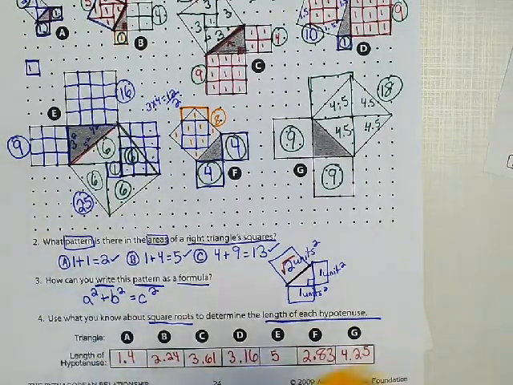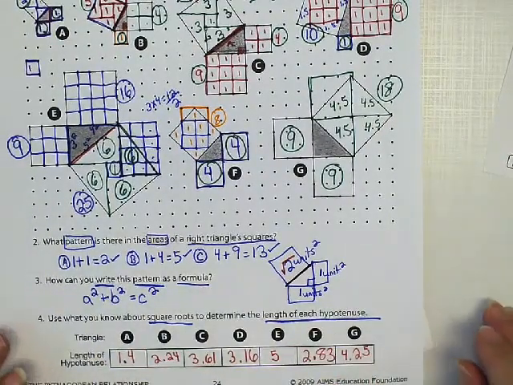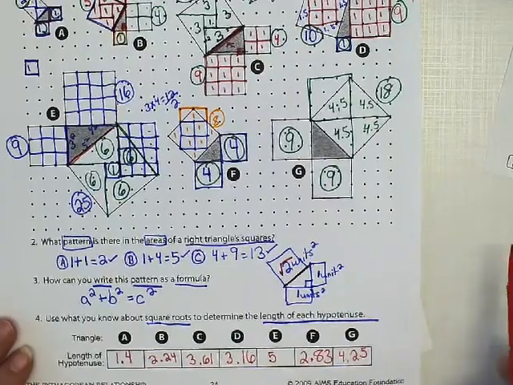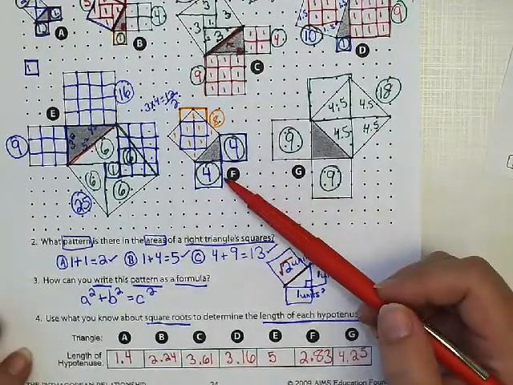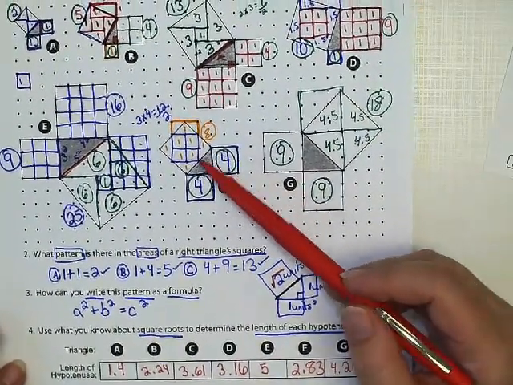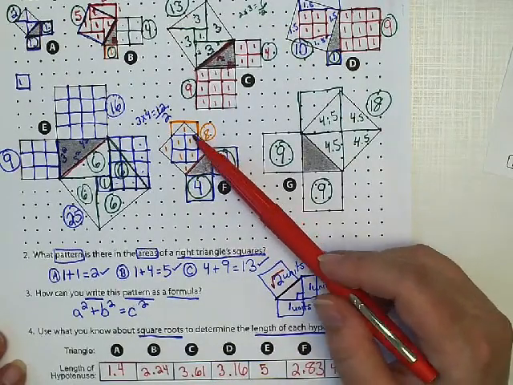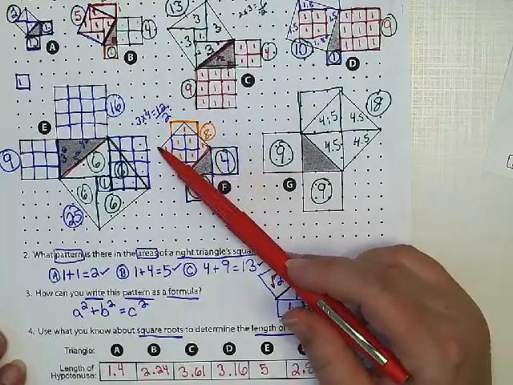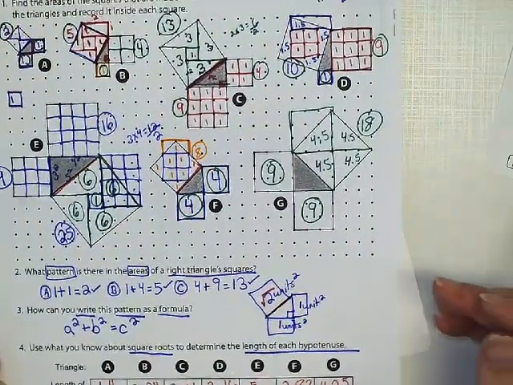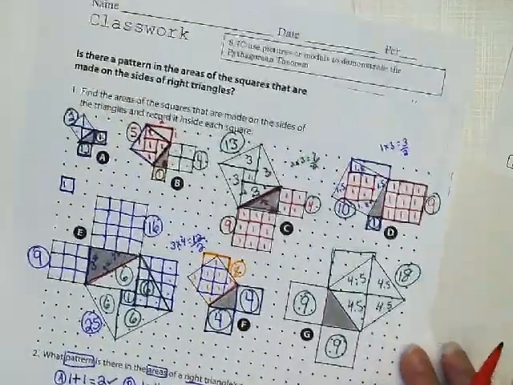Okay, so using this investigation, we just figured out that the area of the right triangle's squares is equal to the area of the triangle's hypotenuse squared. Okay, so now we're going to put that aside, and we're going to look at investigating Pythagoras.